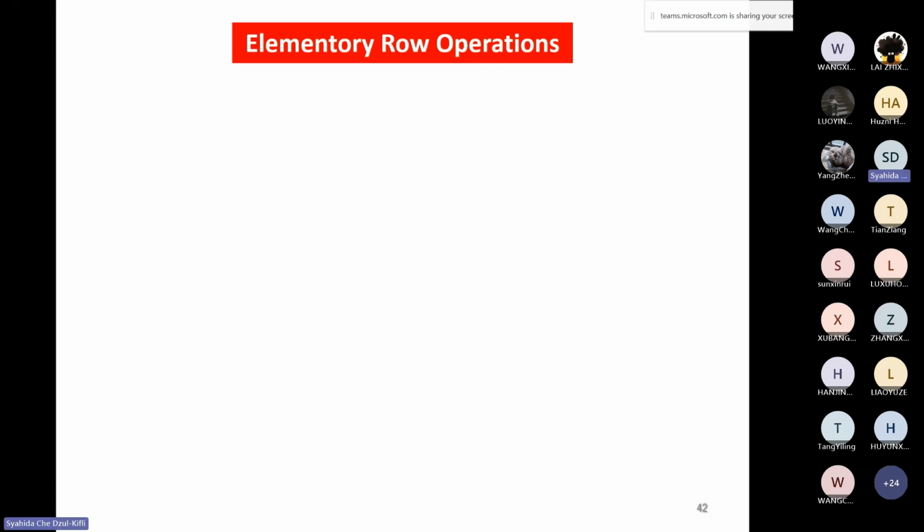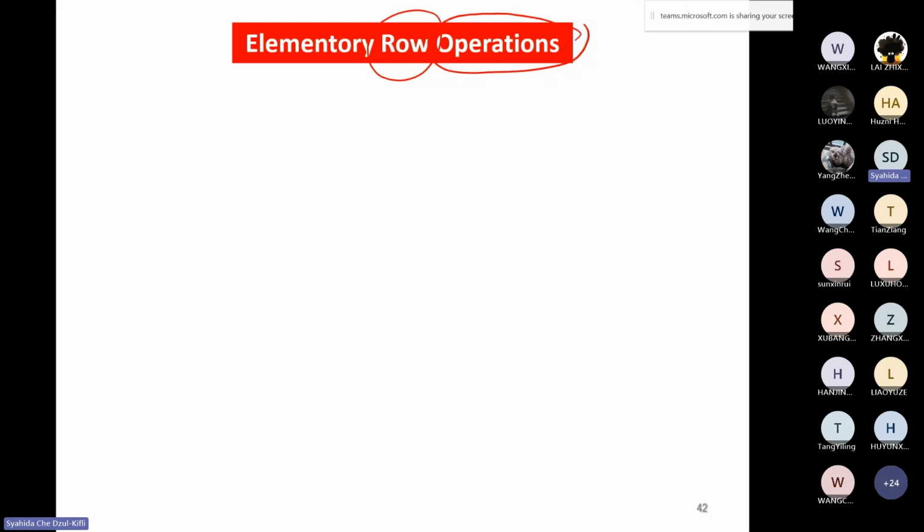Okay, so we have done two terms, augmented matrix and REF form. Now we look at the third term, elementary row operations. Remember that it is an operation that we perform on a row. It is not any arithmetic operation.